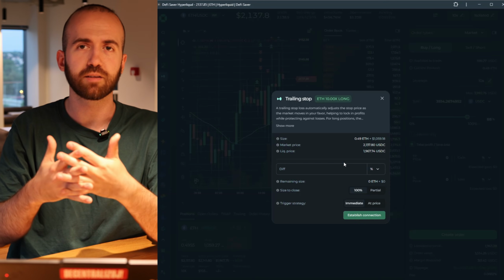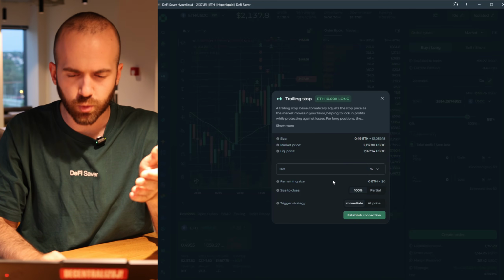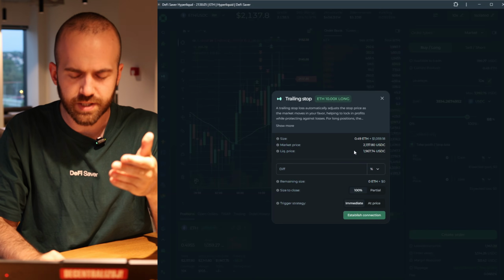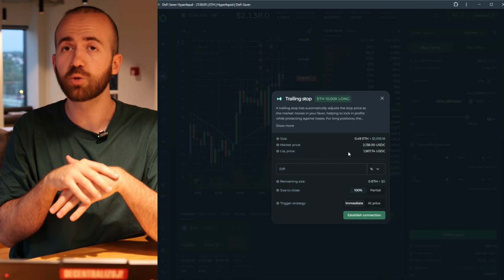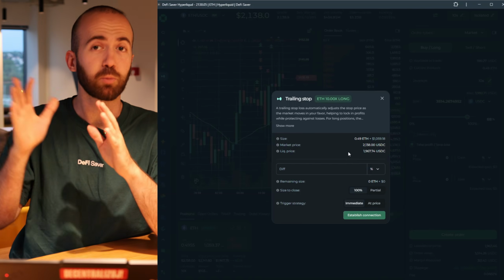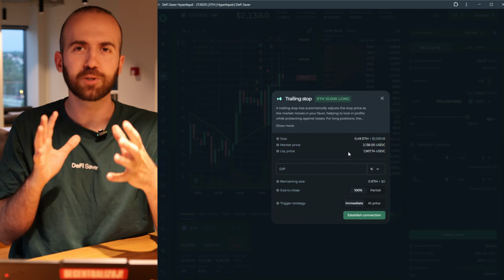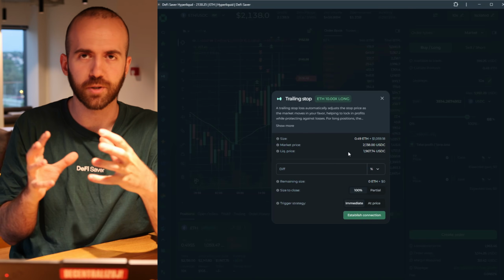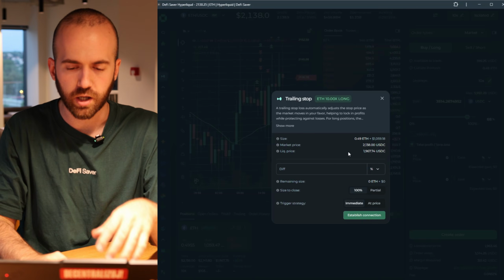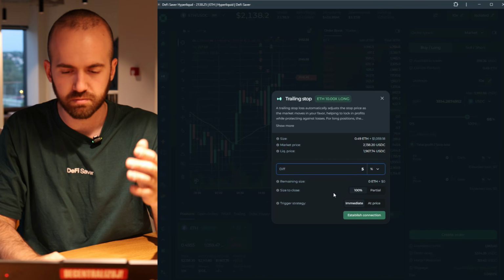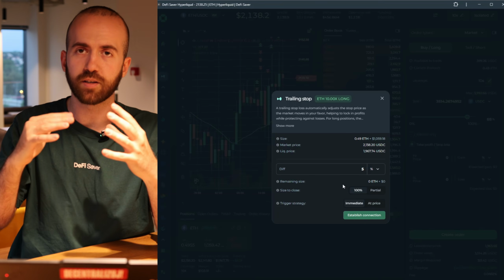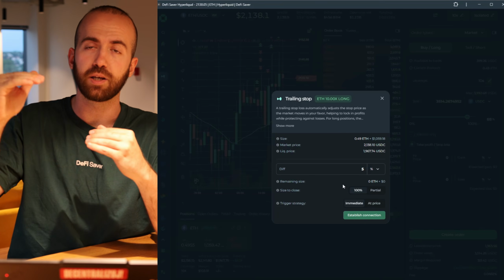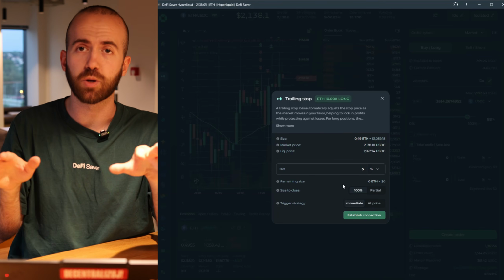So it's like, instead of just saying take profit at, right now it's 21.37, instead of me just saying, okay, I want to take profit and close my position at 2200, what if its price keeps going up without actually falling down? I want to protect myself from that. I want to make sure I earn as much as possible. So maybe I say, okay, I want to do a 5% difference. So when there's a 5% fall in ETH's price from its high, that's when my position is going to be closed.